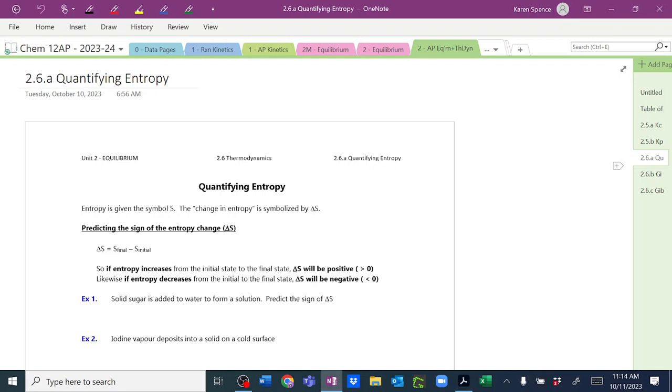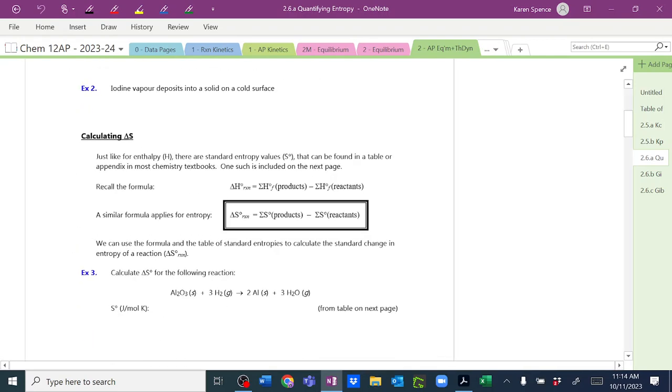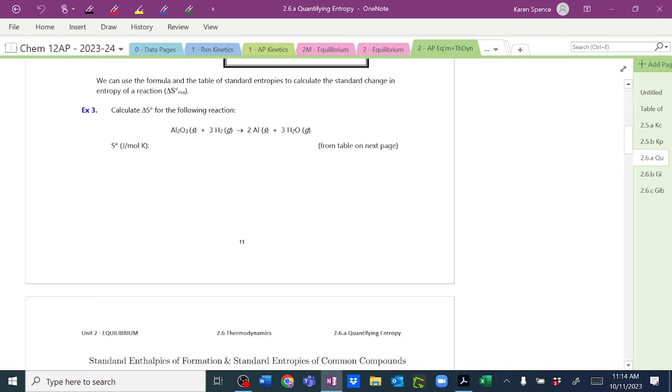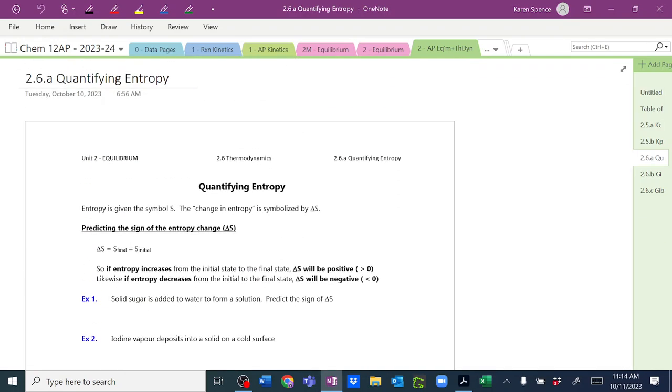Where did I put? Oops, there. 2.6a, page 11.